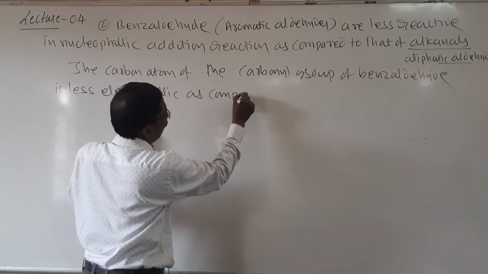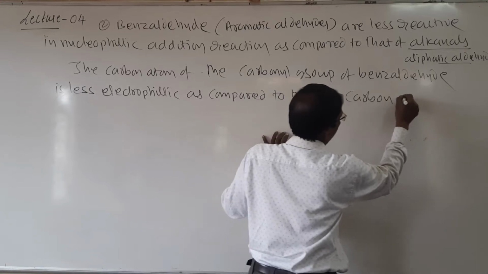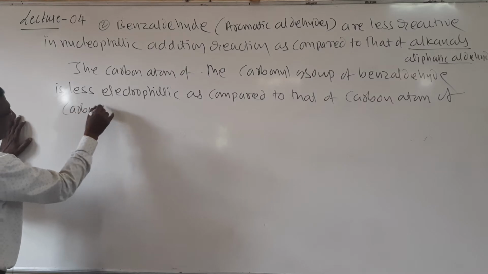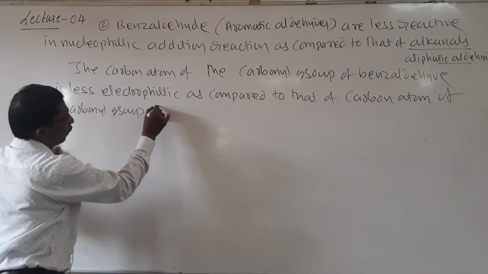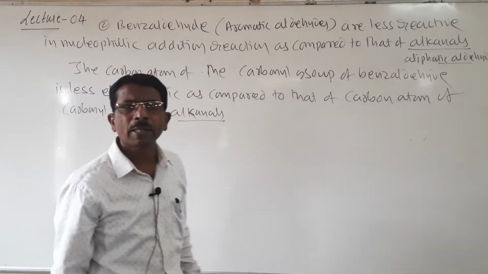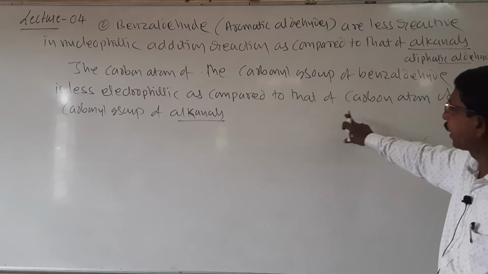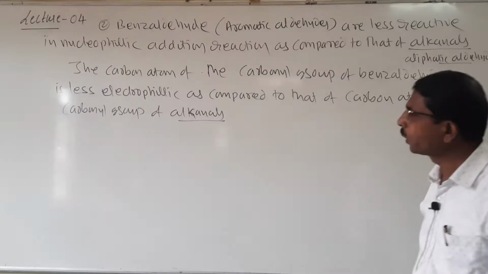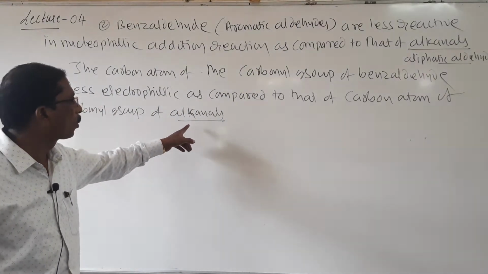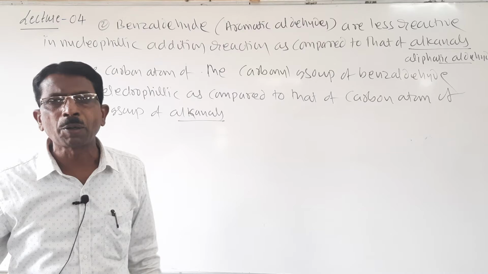as compared to that of the carbon atom of the carbonyl group of alkanals. So the carbon atom of the carbonyl group of benzaldehyde is less electrophilic as compared to that of alkanals. Alkanals, that is aliphatic aldehydes, are more electrophilic as compared to aromatic aldehyde.